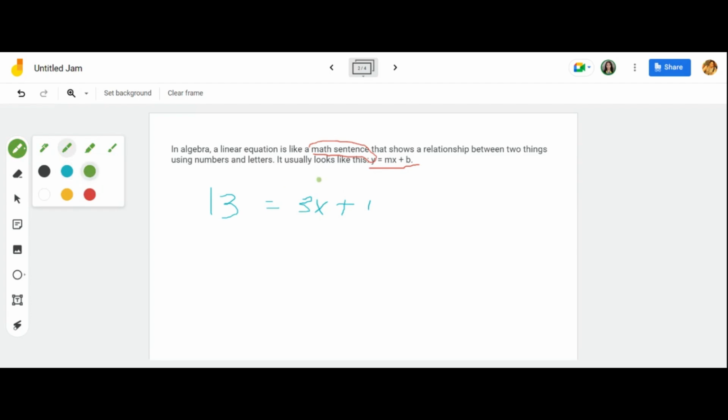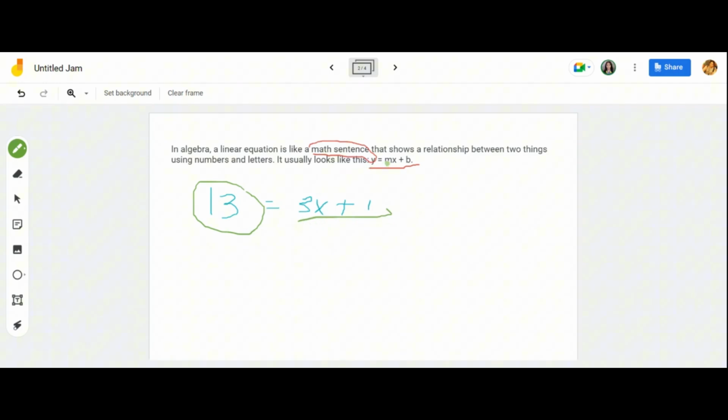So in this equation, our y would be the 13. So basically, the y value here is a number wherein, let's say for example, we have 3x plus 1 right here, right? So basically, the 13 is an answer to 3x plus 1.